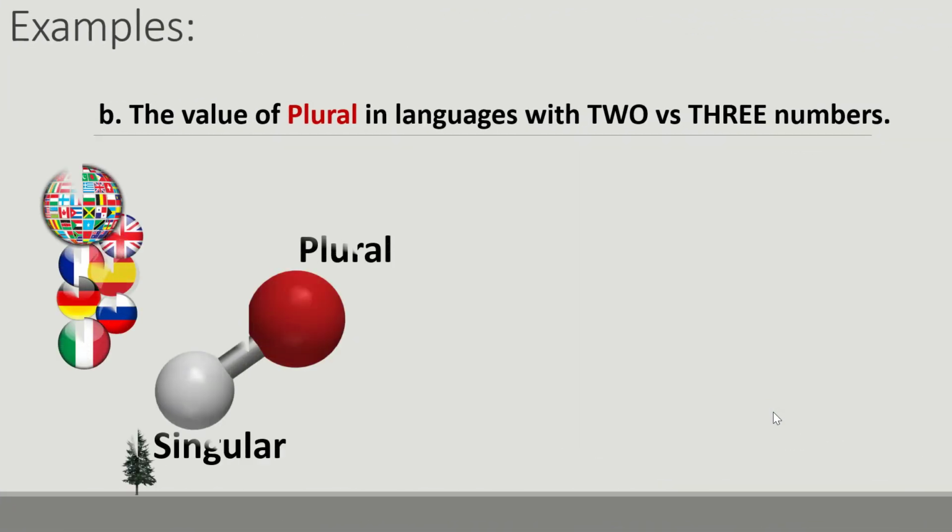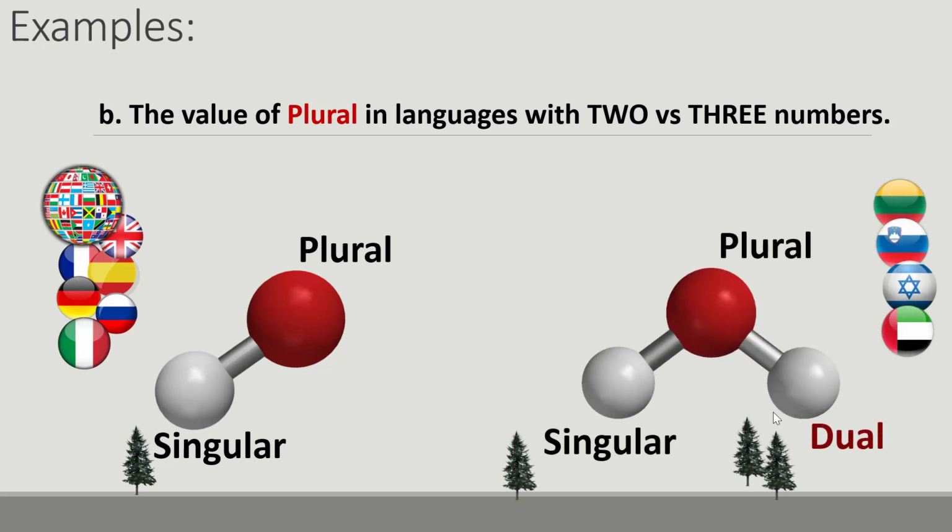Most European languages have two grammatical numbers, singular and plural. However, some languages, such as Lithuanian, Slovene, Hebrew, and Classical Arabic, have three grammatical numbers: singular, plural, and dual. The dual refers to two entities.